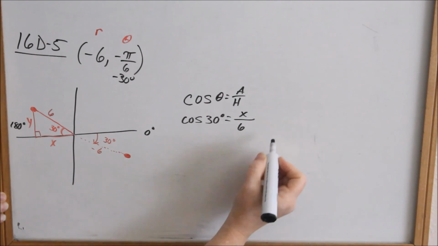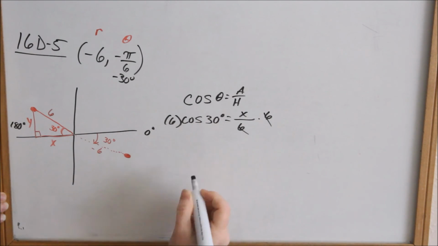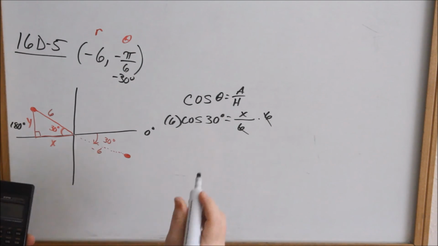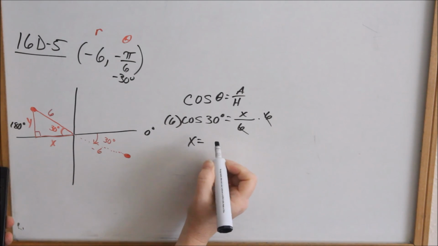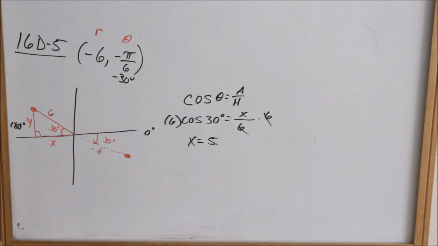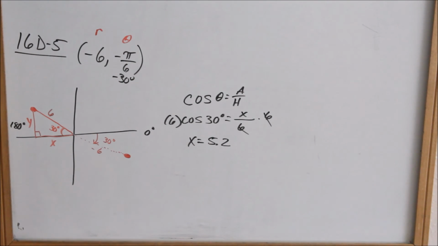So how do I solve for x? Multiply 6 to both sides. So basically x equals cosine of 30, then multiply it by 6. And that comes out to x is, rounding to 1 decimal place, 5.2, because it's kind of hard to graph 2 decimal places on a graph. So that is one piece of my information.